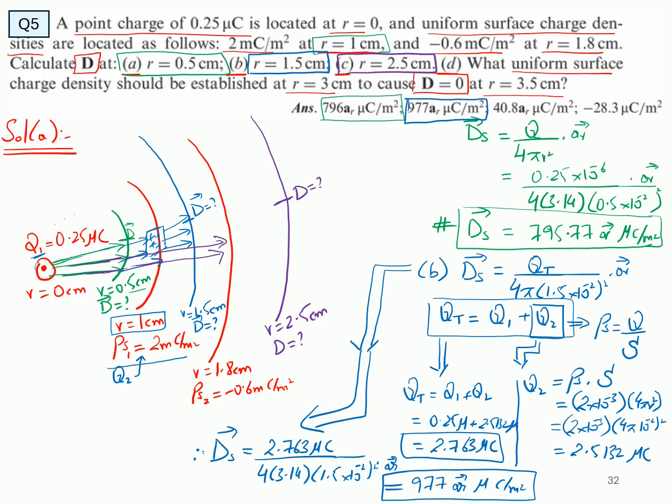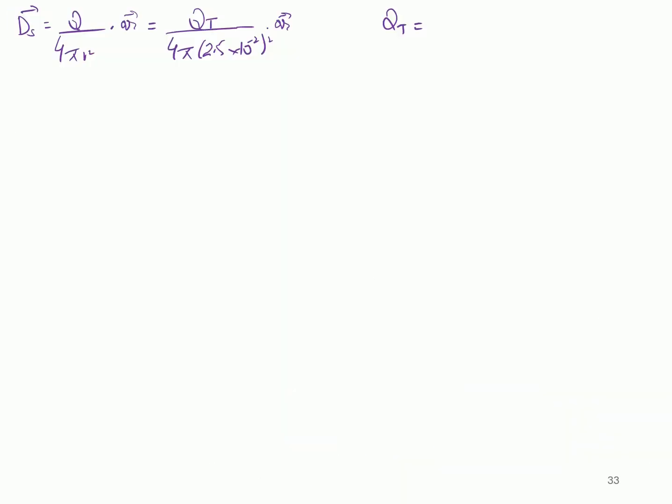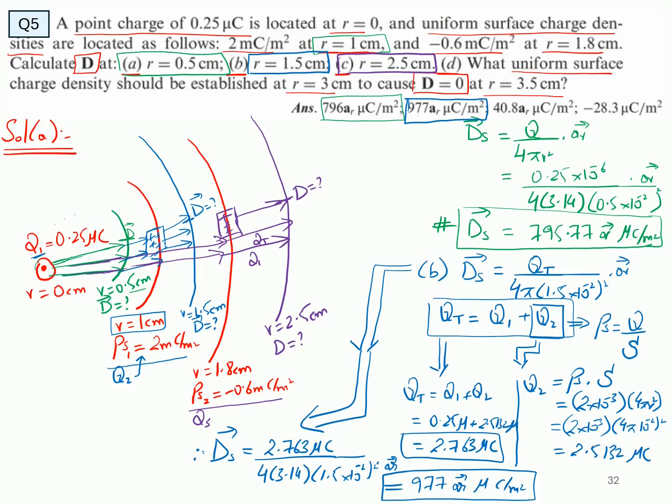Now we can see that at r is equal to 1.8 there is another sheet with a surface charge density of minus 0.6. So again we have a sheet of charges over here, and the combined effect will be from this sheet and the remaining two charges, that is the point charge q1 and the q total that we previously found in part B. So my qt is now going to be, let me call this qt bar just to differentiate, the value of qt from the previous solution plus q3. This q3 is coming due to the effect of this surface charge.